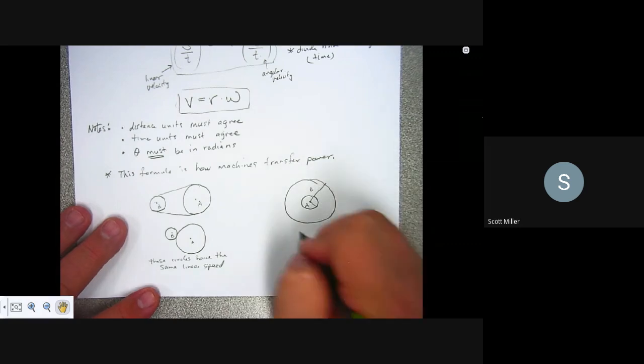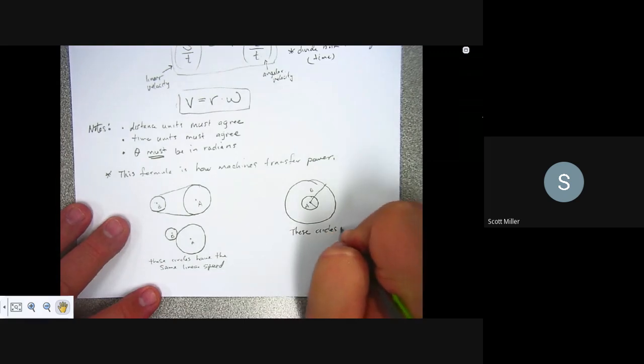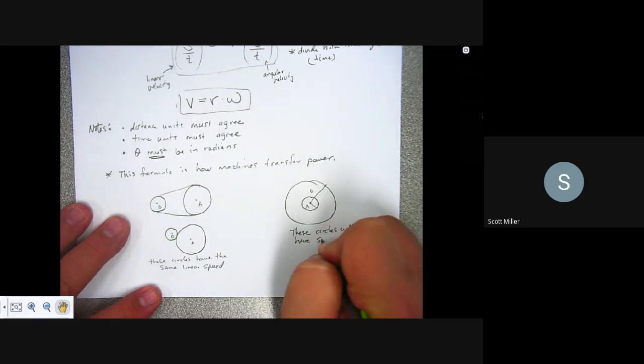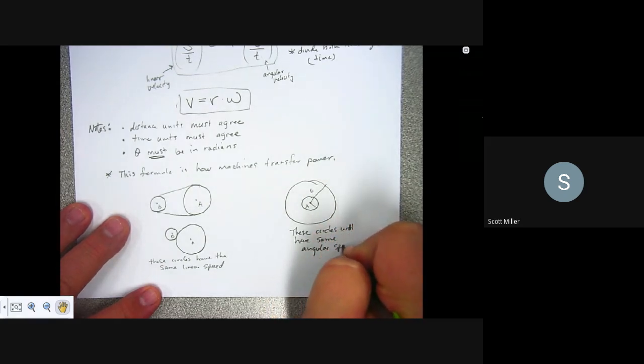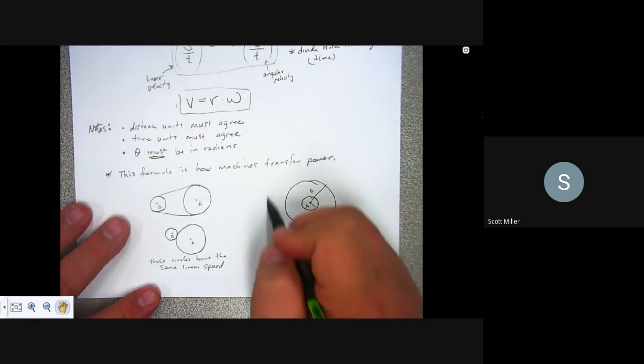When they are attached, these circles will have the same angular speed. The whole merry-go-round spins at the same rate.